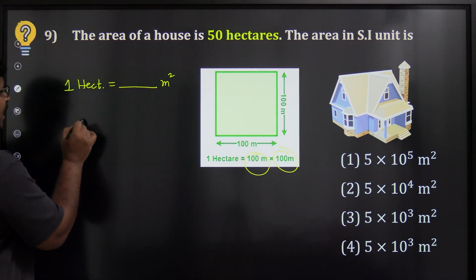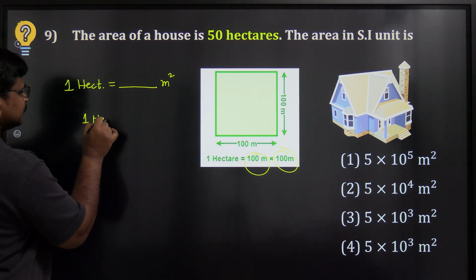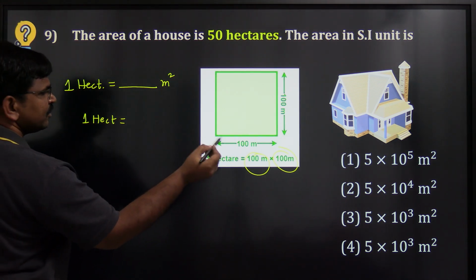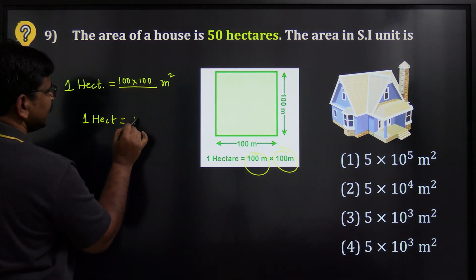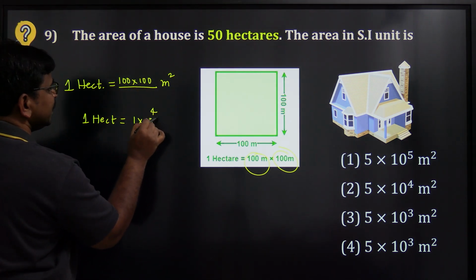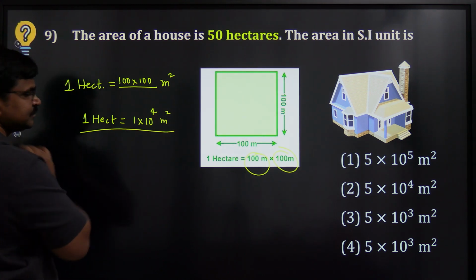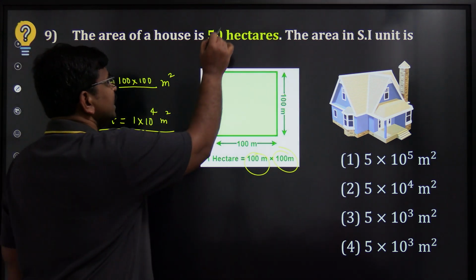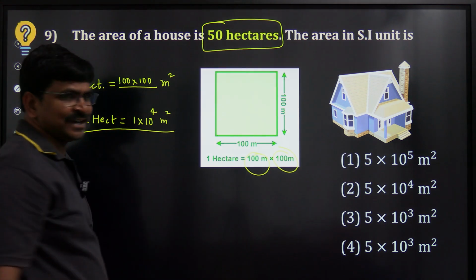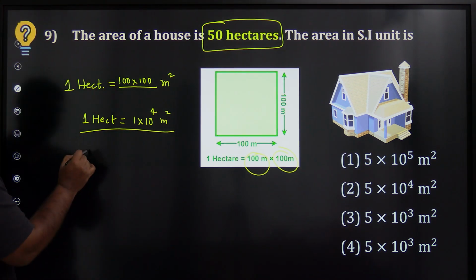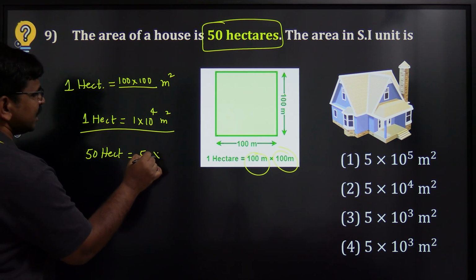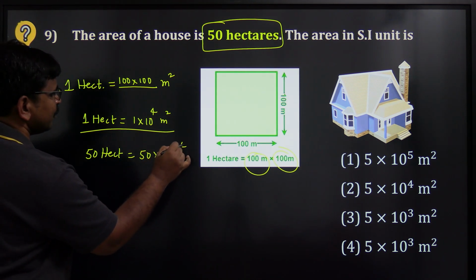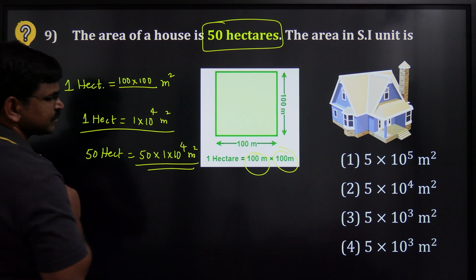So 1 hectare is equal to 100 into 100. How much? 1 into 10 power 4 meter square. But in the question we need to convert 50 hectares. So simple, if I want 50 hectares, just multiply with 50 times 1 into 10 power 4 meter square.